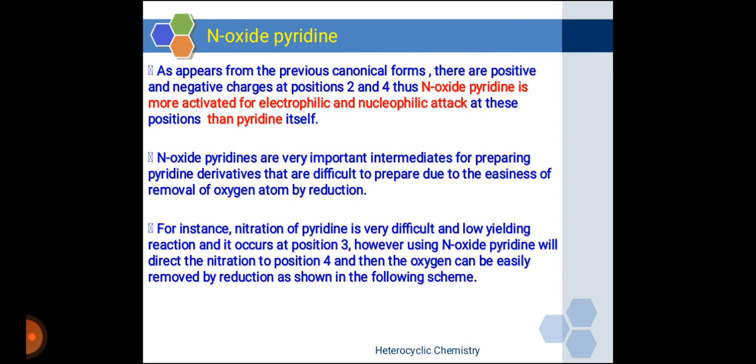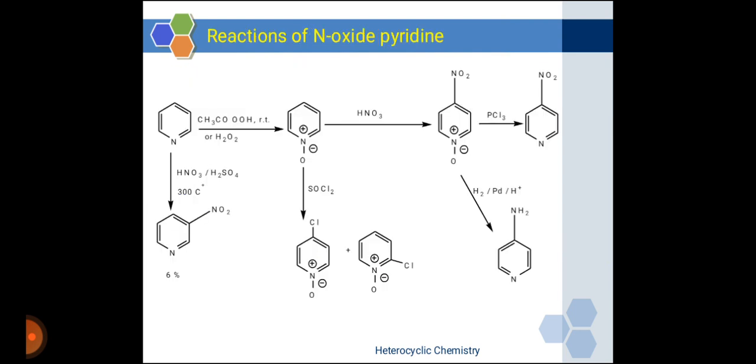So here are the different reactions of pyridine N-oxide. The pyridine reacts with nitric acid in the presence of sulfuric acid at 300 degrees Celsius to form 3-nitropyridine, formed in only 6%. The pyridine reacts with a peracid or hydrogen peroxide to form the N-oxide pyridine molecule.